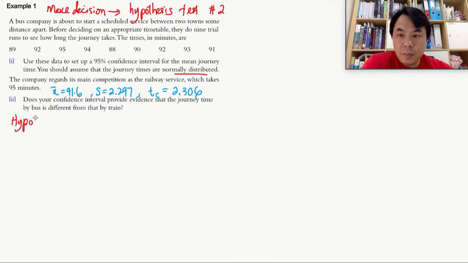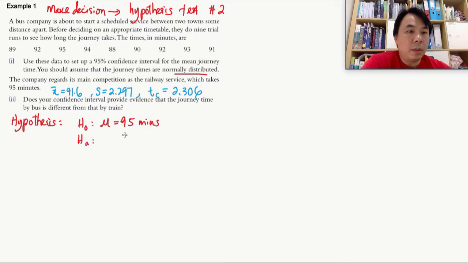The hypothesis consists of the null hypothesis. For the null hypothesis, we always make the assumption that the average journey time is the same as 95 minutes. And then the alternative hypothesis is the counterexample to your null statement, that must be not equal to in this case.